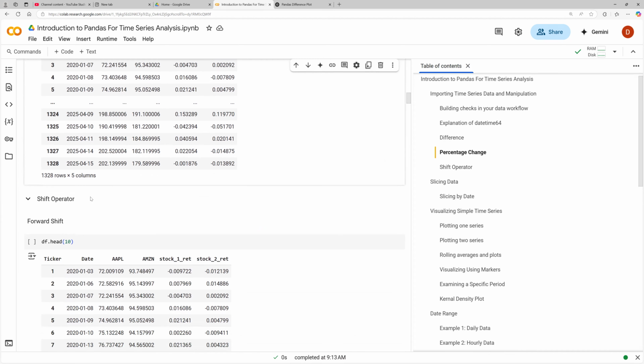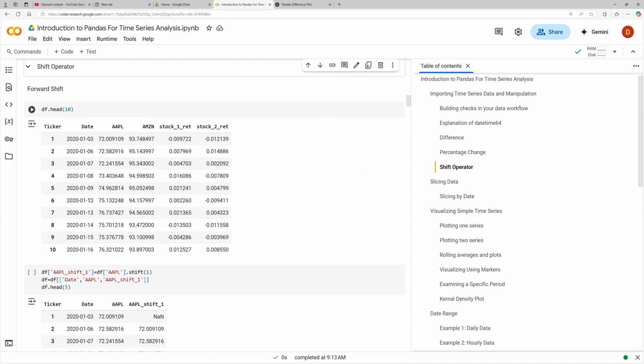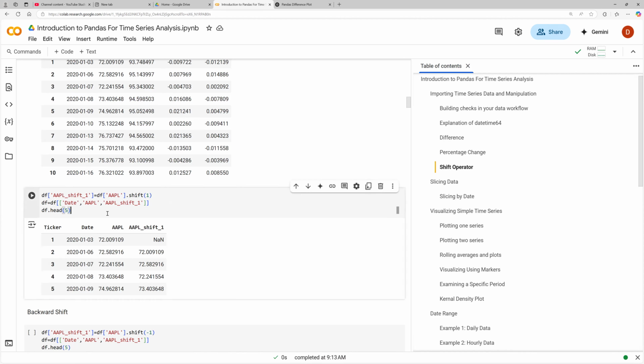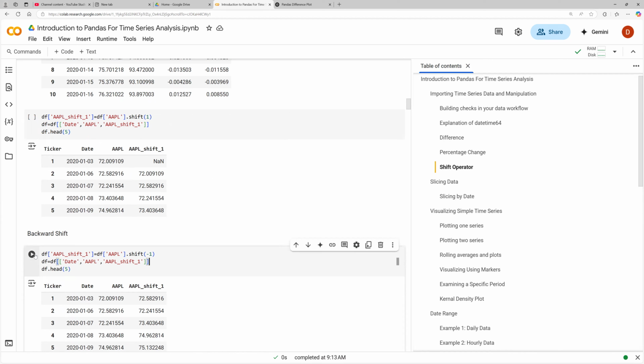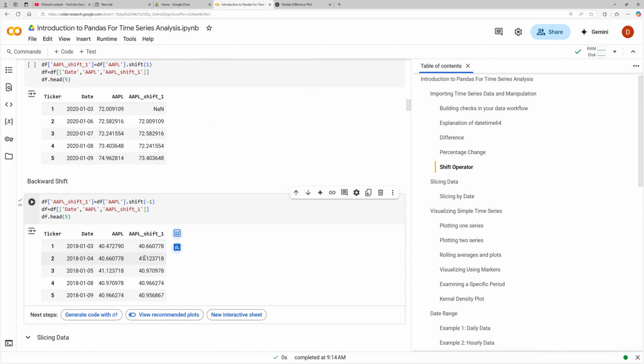Now there are also shift operators, which are very important. We could shift this value forward. So this 72.09 becomes the second value. And then we could also shift it backwards, where this value becomes this value.